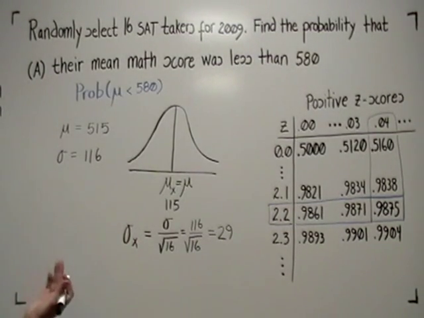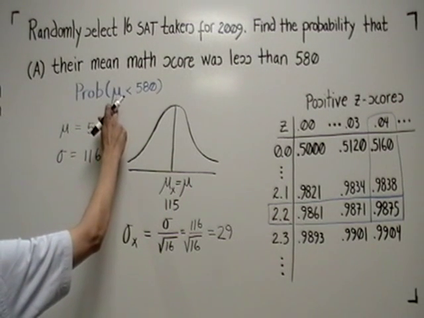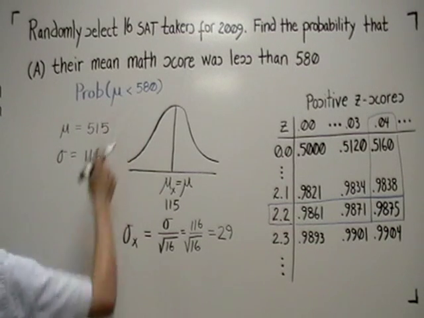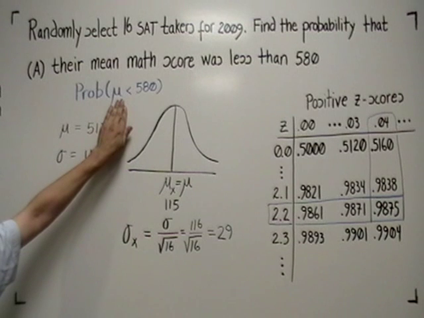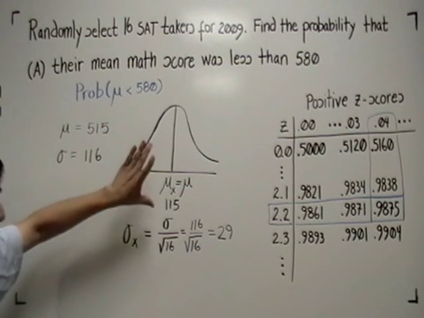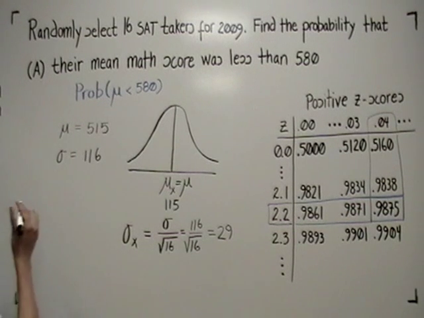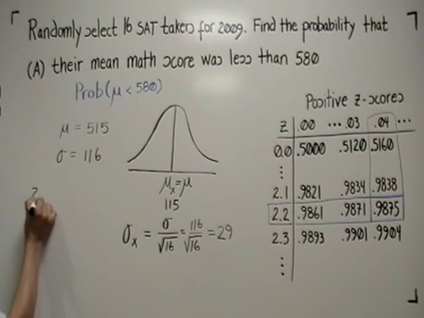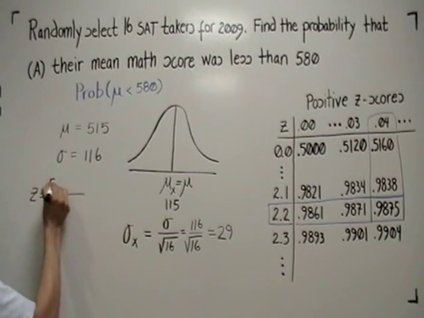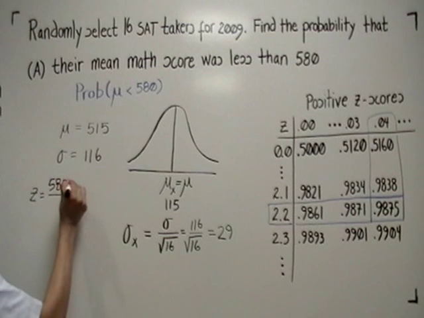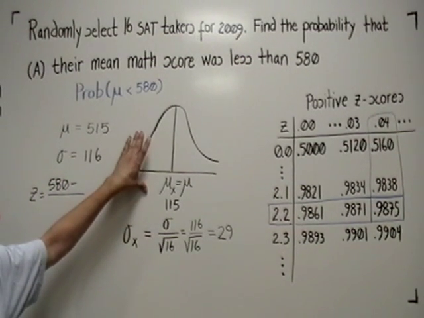So what are we after? We're after the probability that your variable x-bar is less than 580. So what we're going to do is convert this variable into a z-score for this normal distribution, the normal distribution of the means. So we find the z-score for 580. The z-score for 580 is 580 minus the mean of the distribution we are working with, which is the distribution of the means.